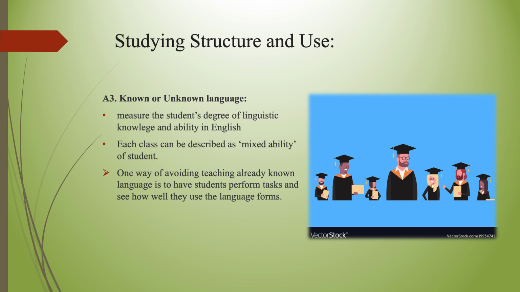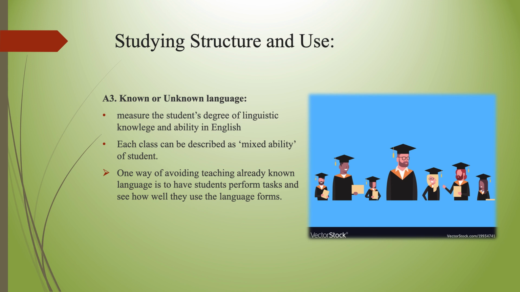And for the teacher, in order to avoid teaching already known language, you know what? The teacher can help the students perform tasks and see how well they use the language forms.